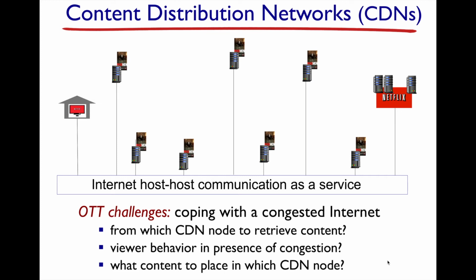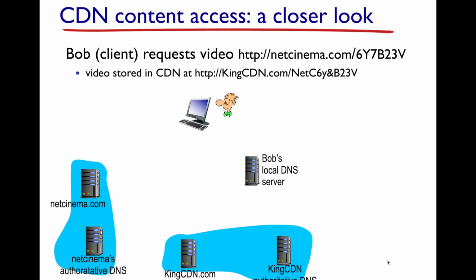All right. So there's more on this in another chapter, but in this example, we take a closer look at what happens when you access a content delivery network. And so we have Bob, and Bob wants to watch a movie, and this movie exists at some internet property that the book calls netcinema.com. And so netcinema.com has a little hash code suffix on the URL, and that uniquely identifies that particular video.